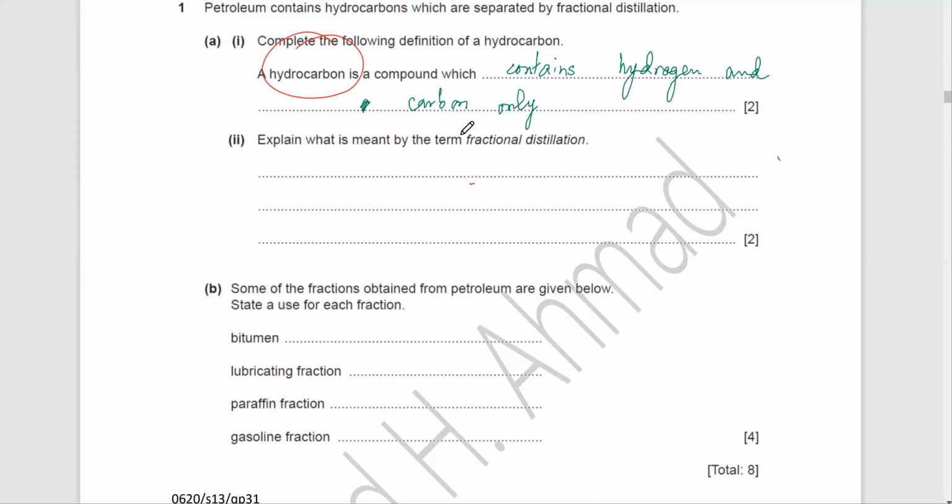Then you have fractional distillation. What is meant by the term fractional distillation? Actually, it has nothing to do with organic chemistry. It is only asking for the definition of fractional distillation.